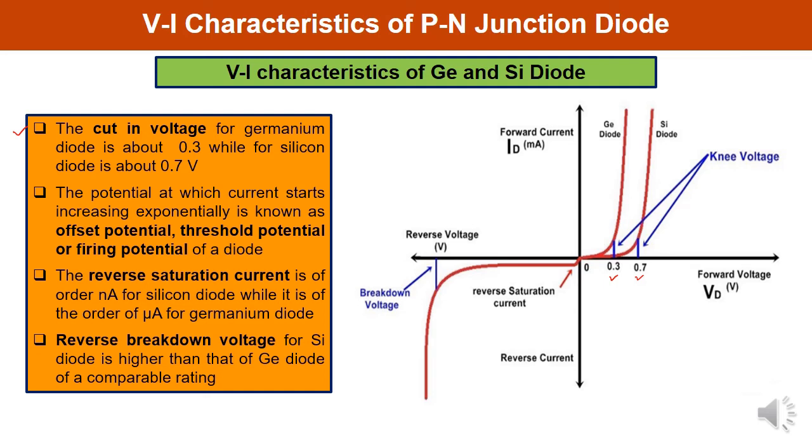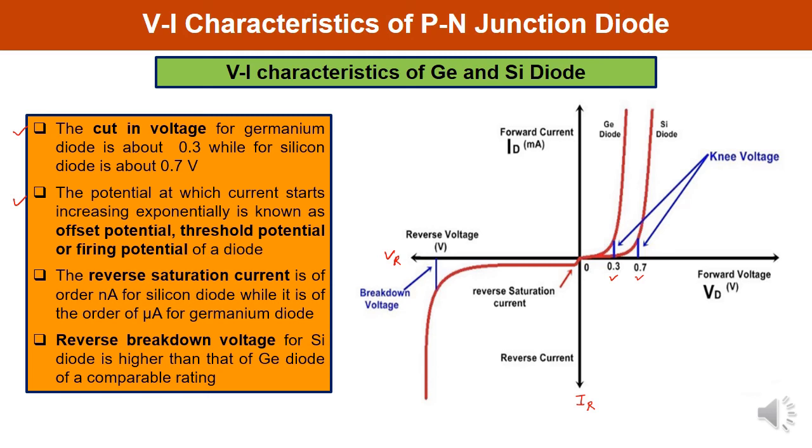So VD is the forward voltage, ID is the forward current, VR is the reverse voltage, and IR is the reverse current. So this is how all these parameters you have taken along the X and Y axis. At the same time, you can explain the potential at which current starts increasing exponentially is known as offset potential, threshold potential, or firing potential.